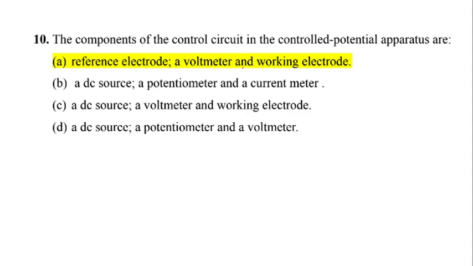Question number 10. It is the last question. The component of the control circuit in a controlled potential apparatus. I have already explained this. The control circuit contains a reference electrode, which we discussed, then a voltmeter, which is connected to a battery or DC source.